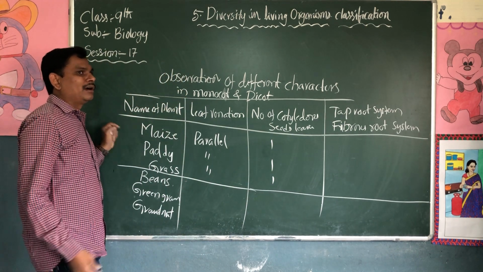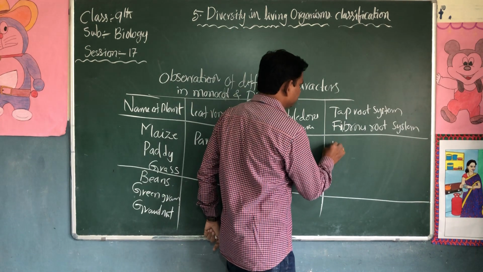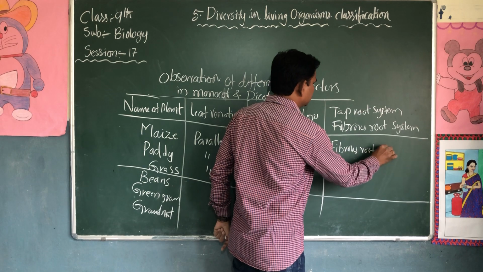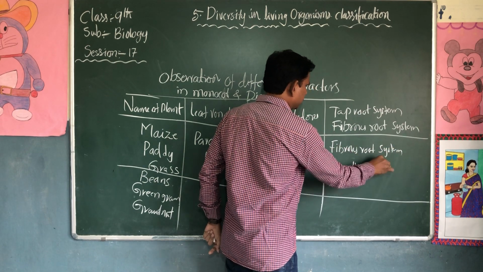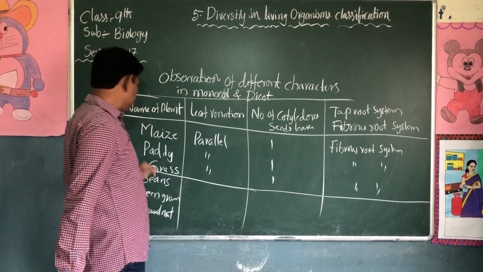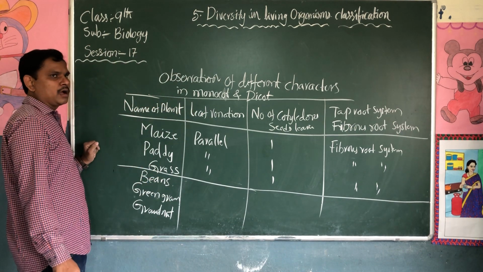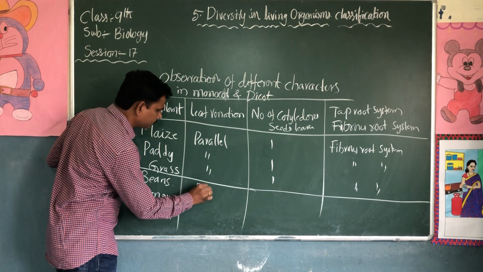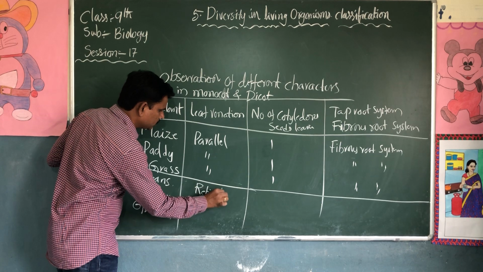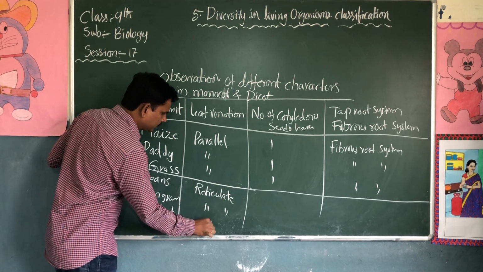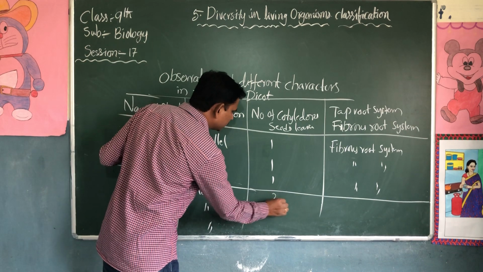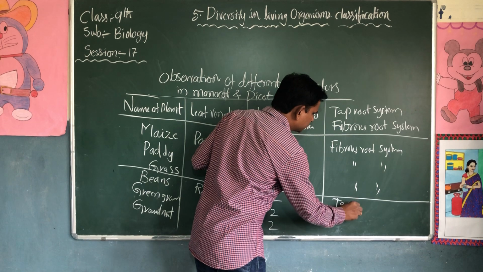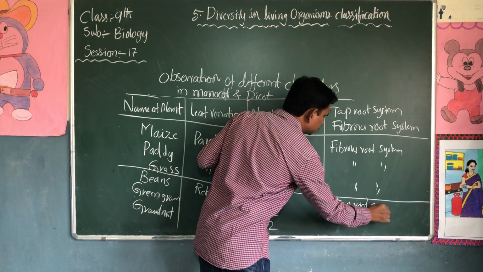They have a fibrous root system. I will explain what a fibrous root system is. Beans, green gram, groundnut and red gram have reticulate leaf venation. Number of cotyledons, 2. They have a taproot system.